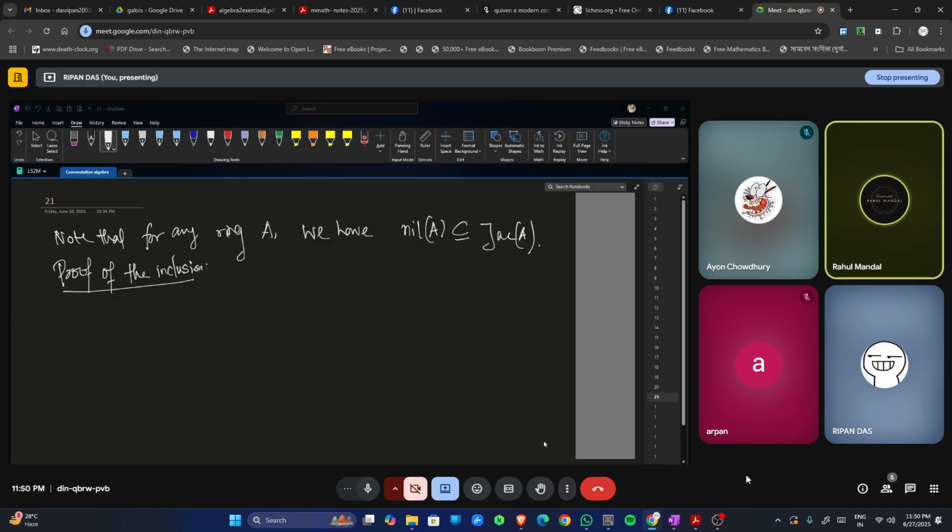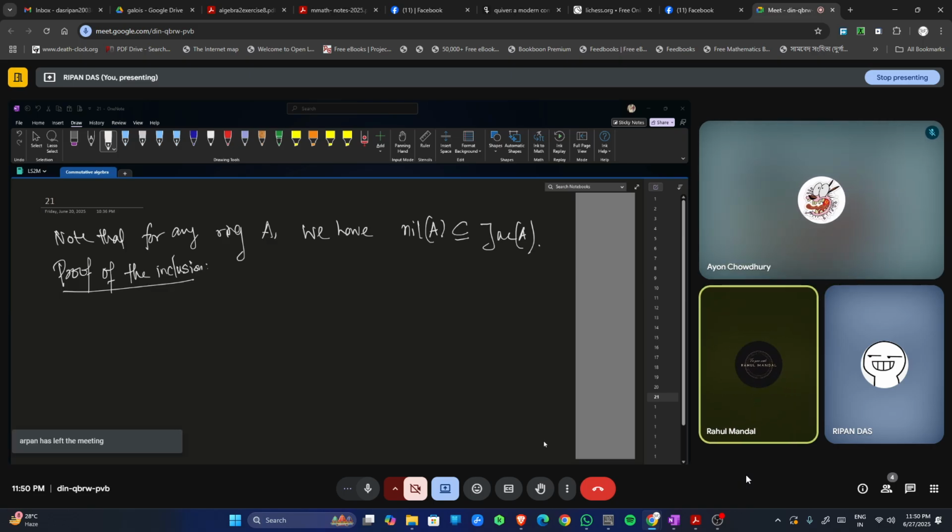So max spec of any ring is contained in the spectrum of the ring.